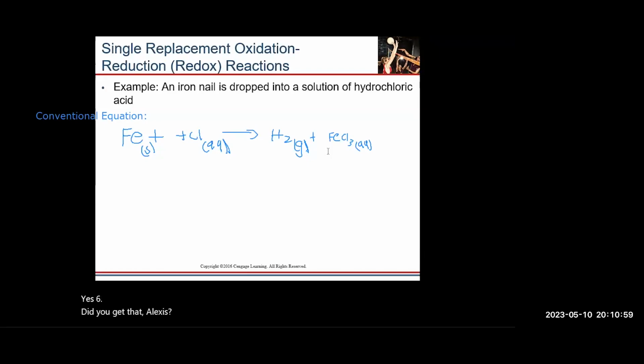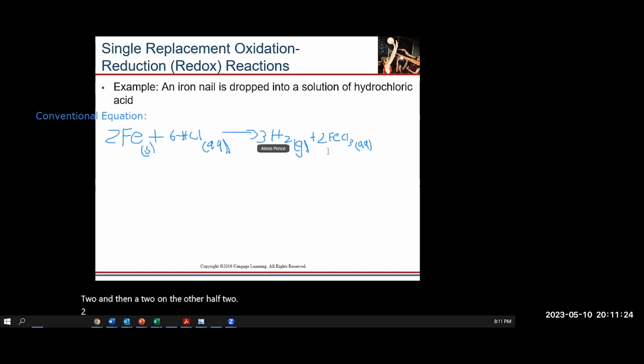She said a 6 in front of the HCl. And it would be a 2 in front of the Fe on the product side, and then a 2 on the other Fe. 2, 2, 3, 6. And a 3 in front of H2. Correct.